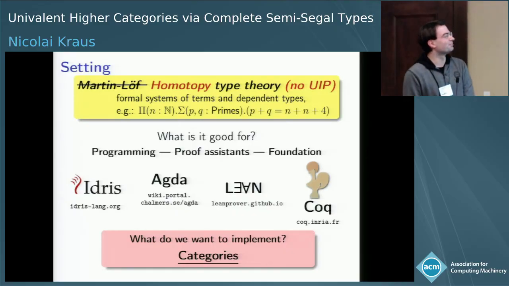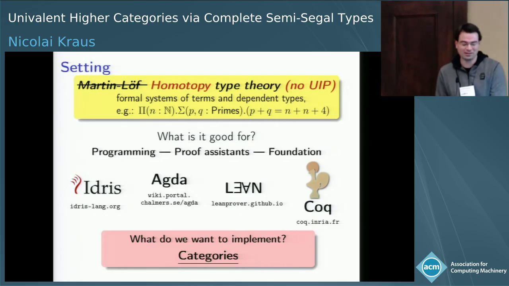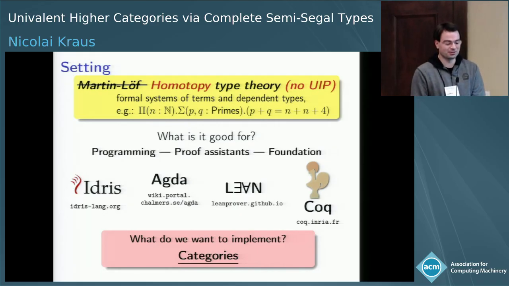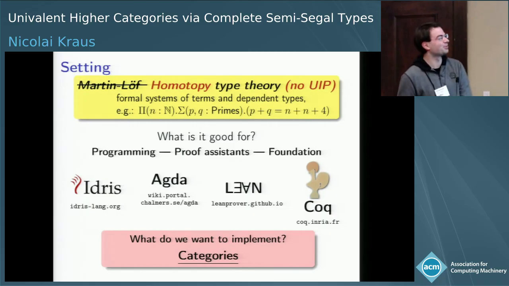That's not too important. But the important thing is that we don't assume unique identity proofs. So, well, if you don't know what this assumption means, then it doesn't matter because we don't use it.